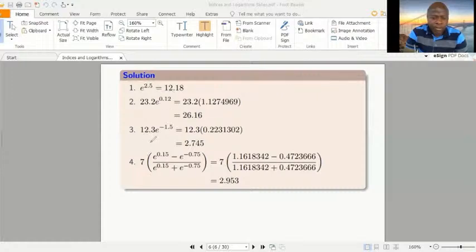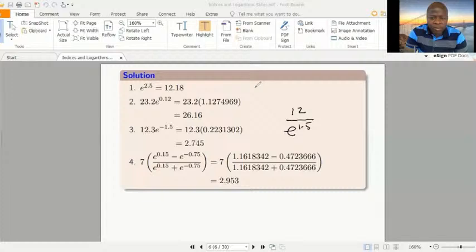Now you can do even this other one: 12.3 times e raised to negative 1.5. You can do it on your calculator, but you'll notice that this one can also be written as 12 over e raised to 1.5. We've already talked about this.